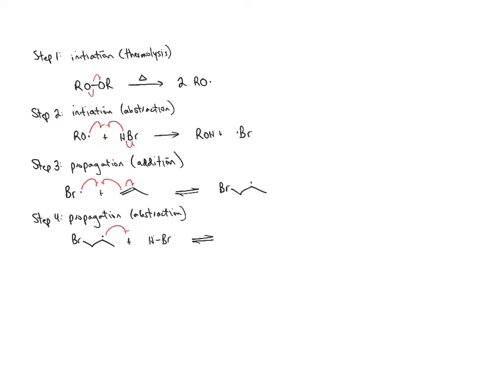This is going to undergo an abstraction step to generate the alkyl halide plus a new bromide radical. Now this is where the chain repeats itself over and over and over again. This bromide radical can recycle. It can go back up to step number 3, and it can undergo an additional propagation step.